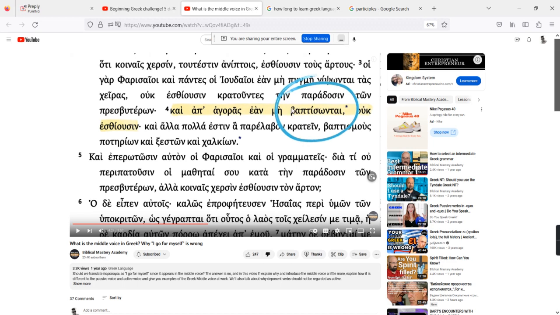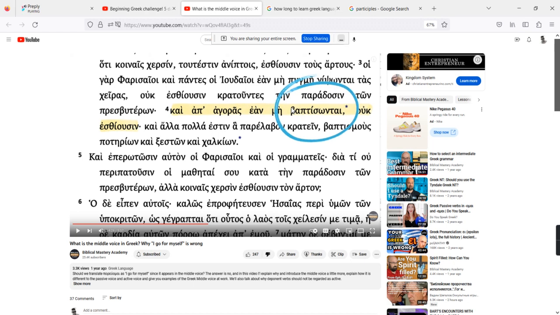I'm trying to understand. Look at the meaning here: μη βαπτίσωνται ουκ εσθίουσιν. It's like, if they don't get washed, if they don't wash themselves, they will not eat. Something like this is the meaning here.